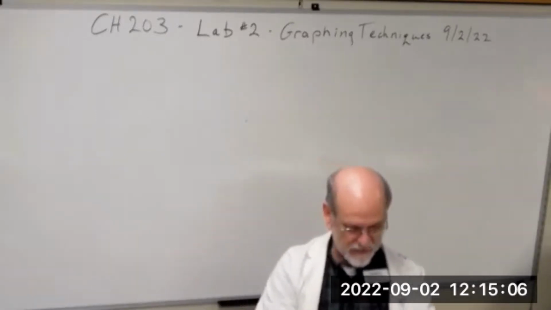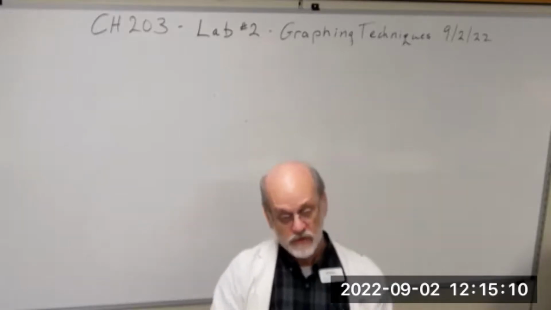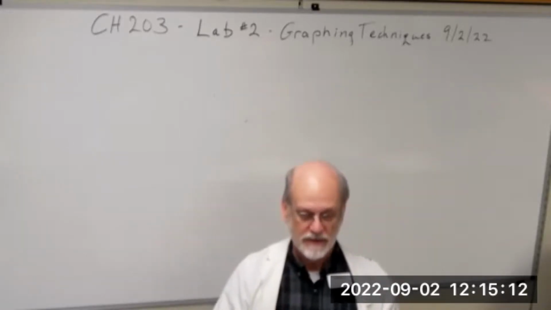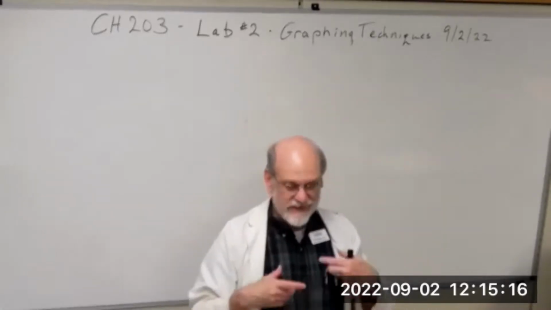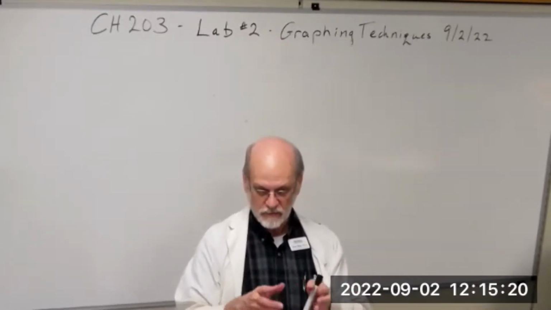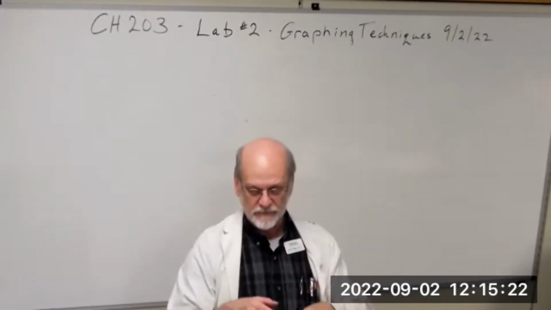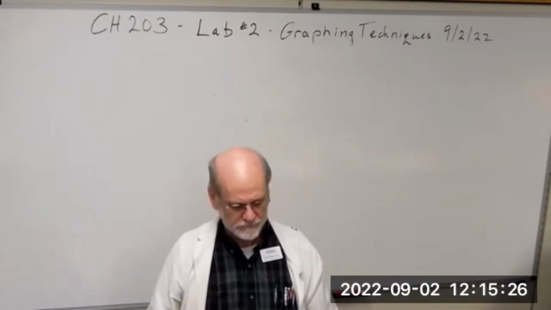You've got limited space on that piece of graph paper, and you want to use all of that space that you can. Because if you spread your graph out, it's easier to interpolate. Right? You can read finer detail if you efficiently use the space that's available.